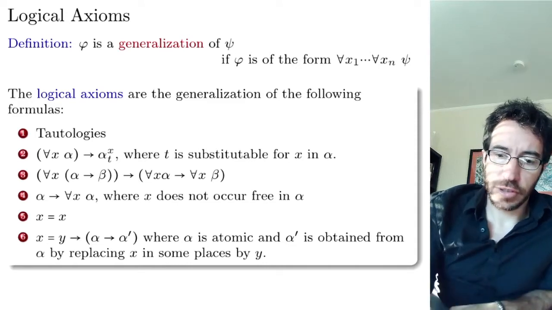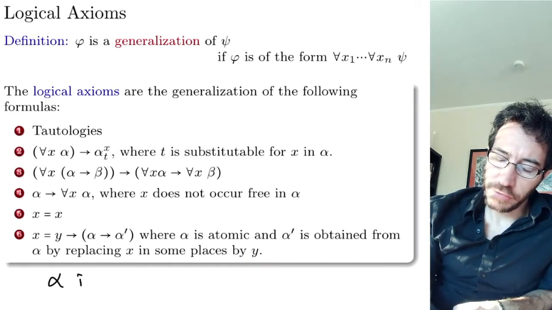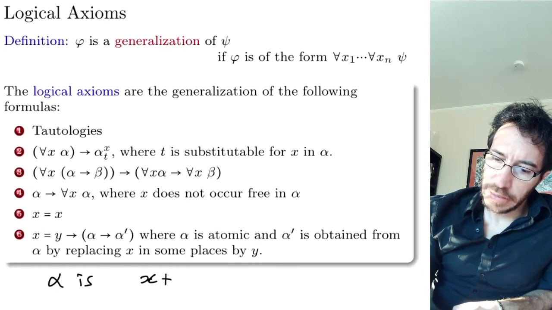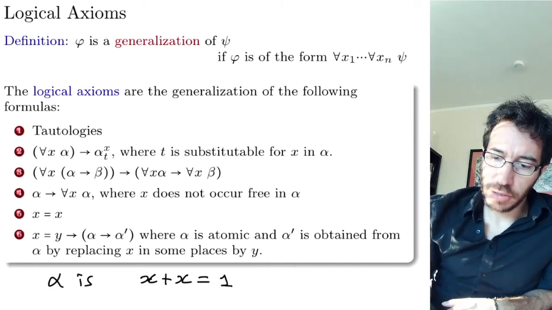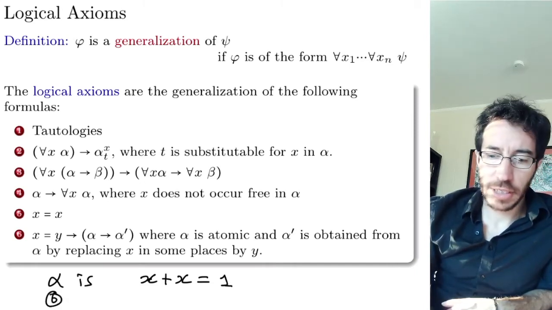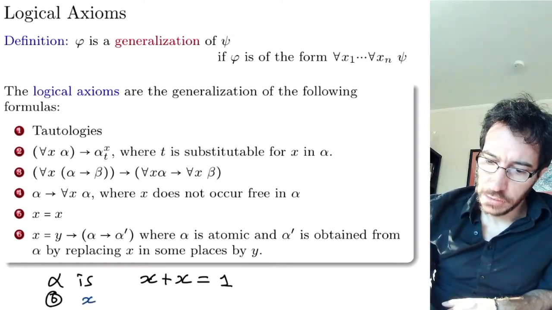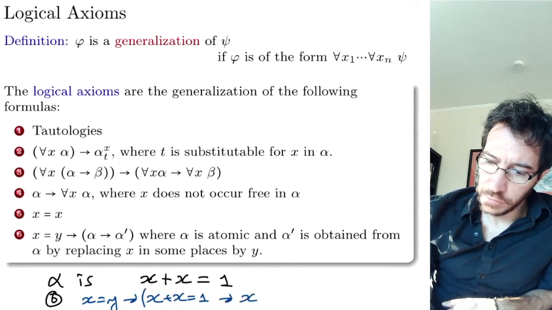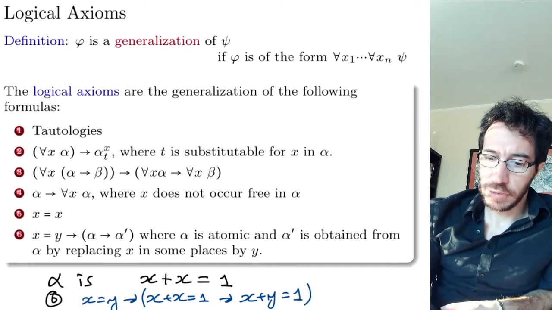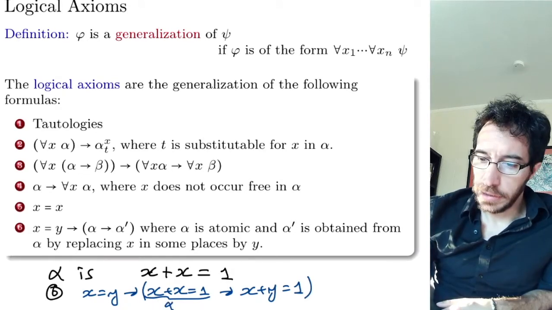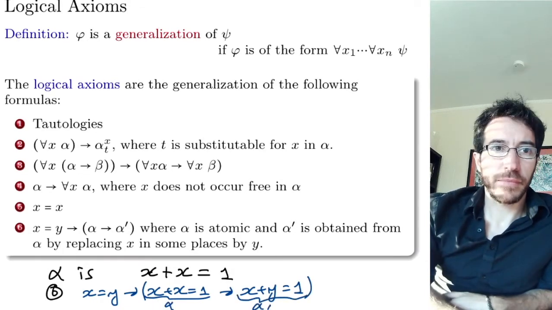So for instance, if alpha is of the form x plus x equals 1, then the instance of axiom 6 in this case becomes x equals y implies x plus x equals 1 implies x plus y equals 1. So here is alpha, and here is alpha prime.